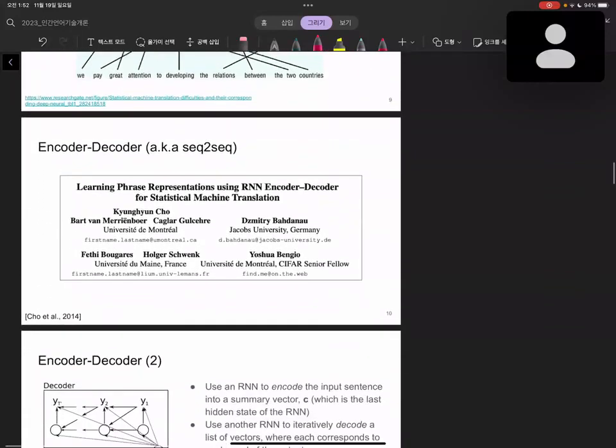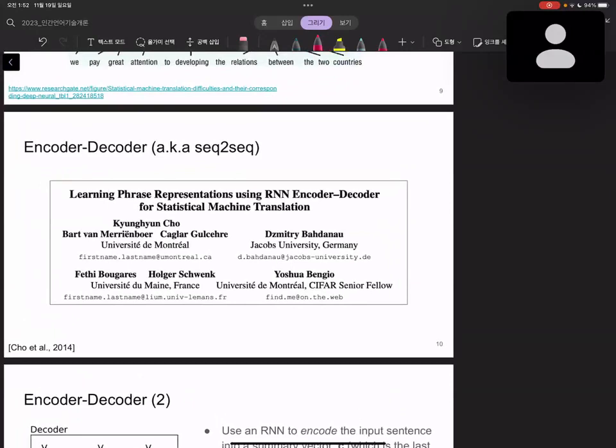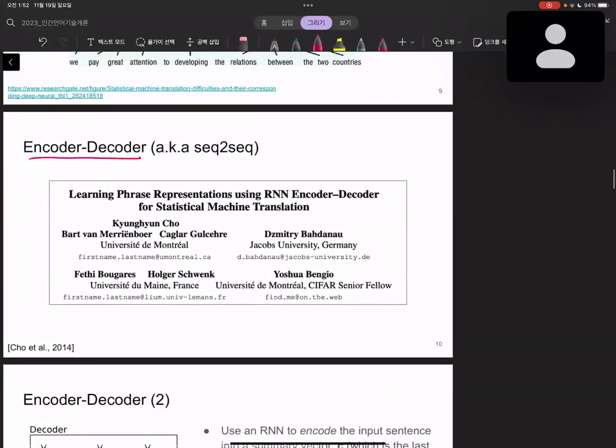But when the encoder-decoder architecture was introduced, many things changed. This is also called neural machine translation.